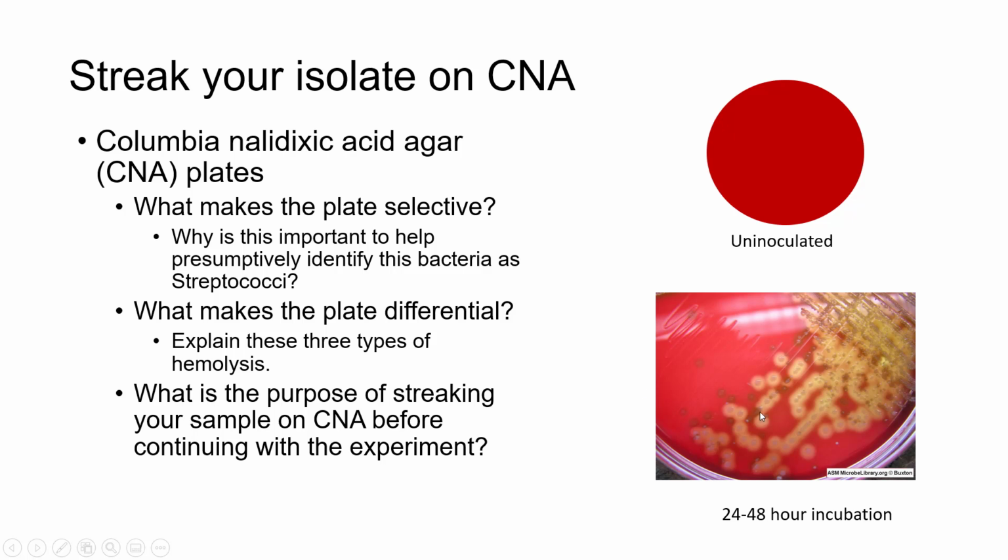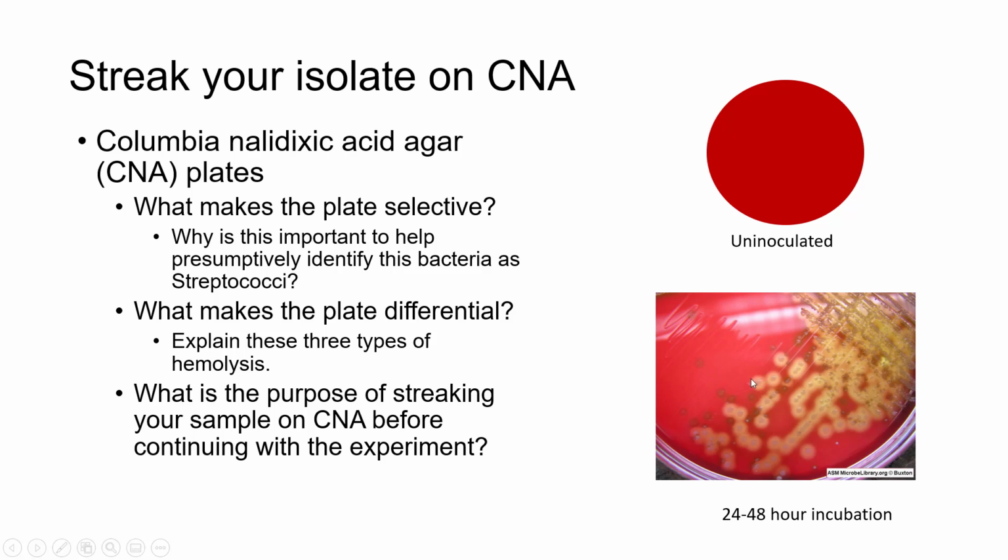On this plate shown on the lower right of the screen, you see some colonies. Some of them are showing the alpha hemolysis. So these ones that look kind of greenish brownish, that's an example of alpha hemolysis.